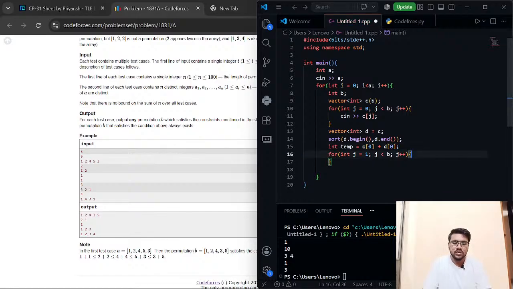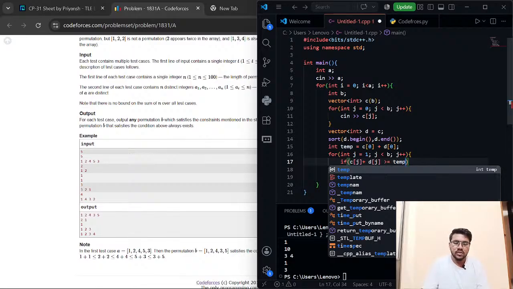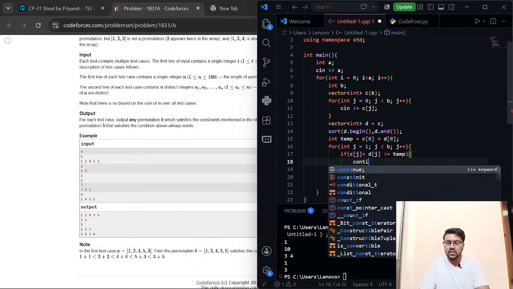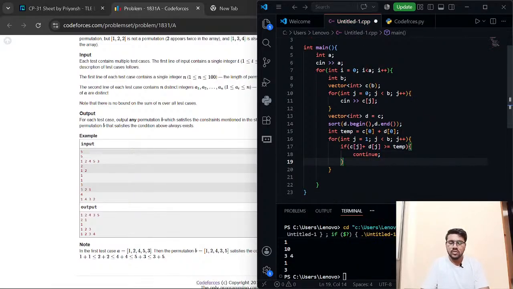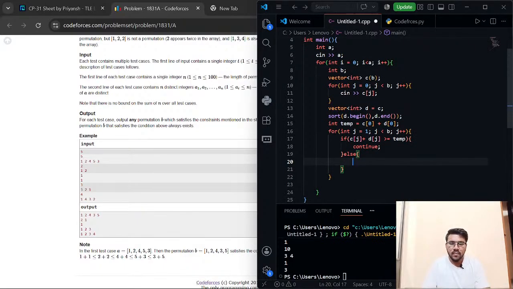Now what we do is, if c index j plus d index j is greater than or equal to temp, continue. Yes, what we do is swap.